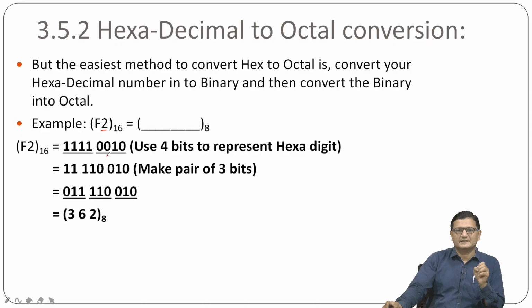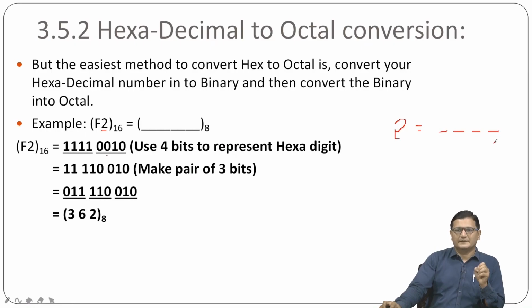In this way, it is 0 0 1 0. Let us suppose we want to represent 2, and for this 2 I will write it down using 4 bits. So these are the 4 bits.